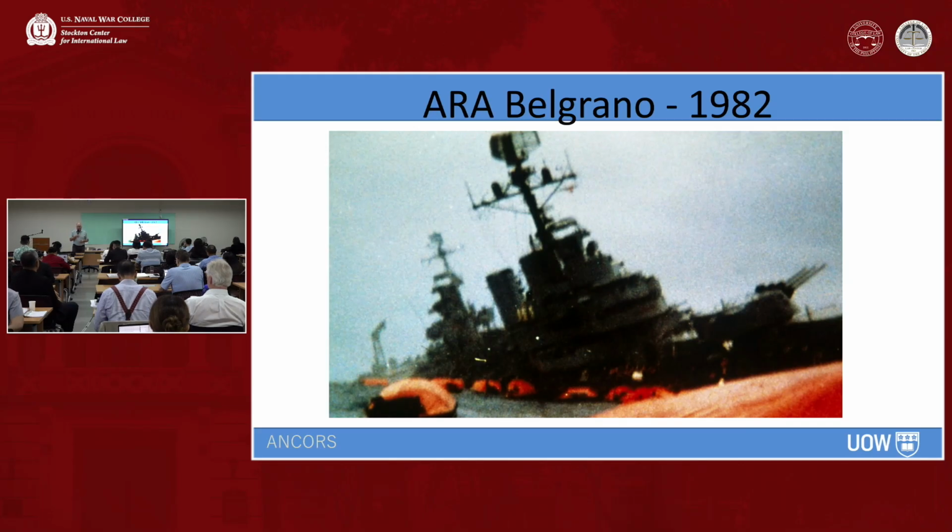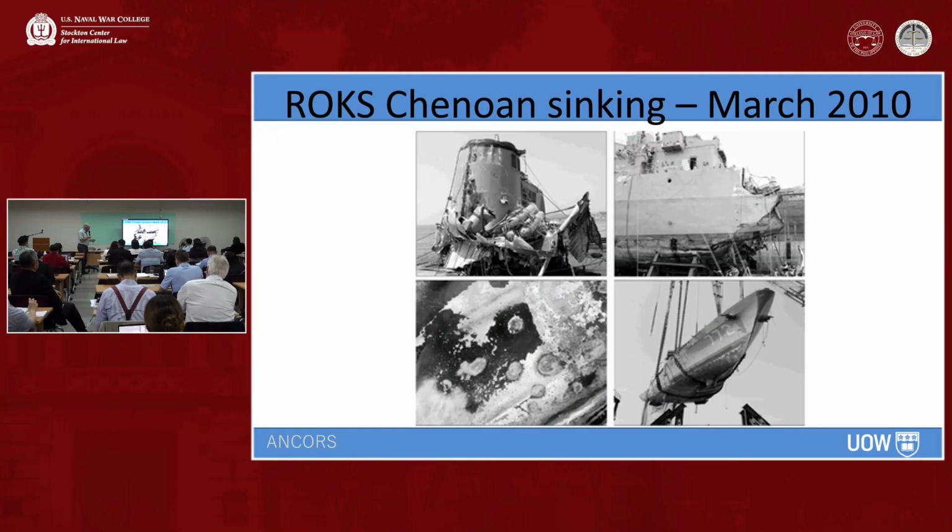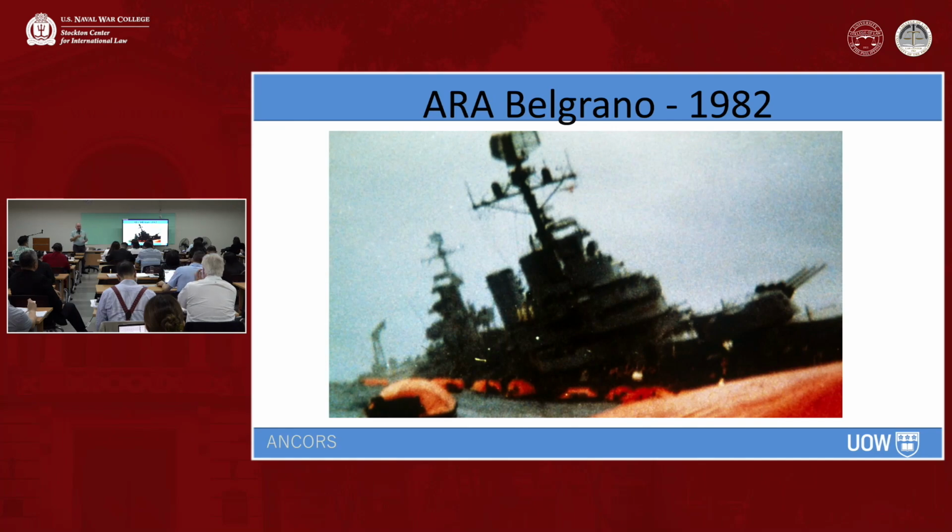The Falklands was probably one of the most famous examples in reasonably recent times of using a torpedo to sink a large vessel. The General Belgrano was an old cruiser, but still a very capable vessel and a threat to the Admiral's task force.